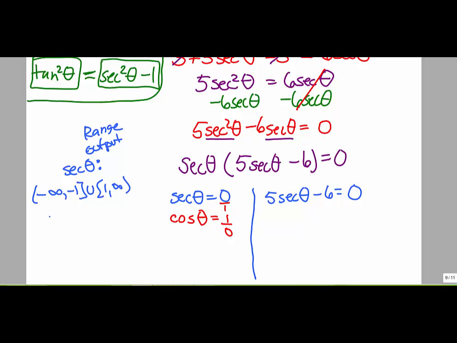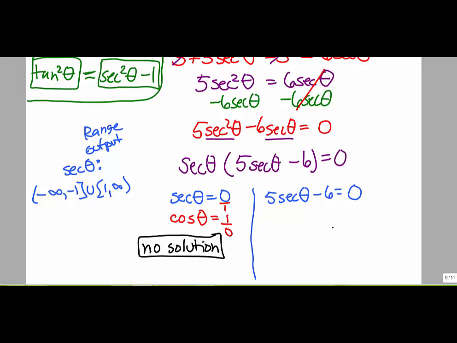So secant actually never achieves a value of 0, and cosine actually never has an output value that's undefined. So there's no solution to this part of our equation. Okay, so this will not yield a solution.